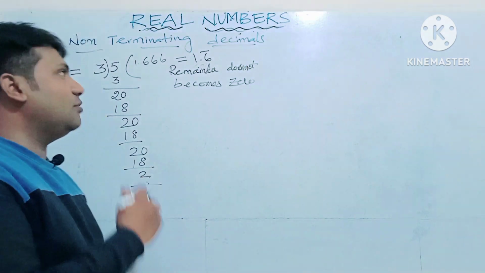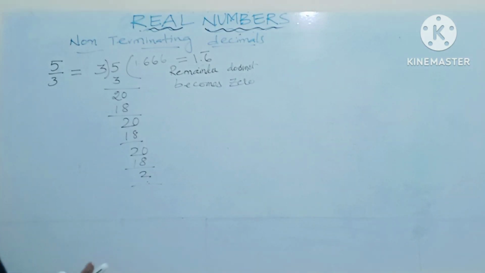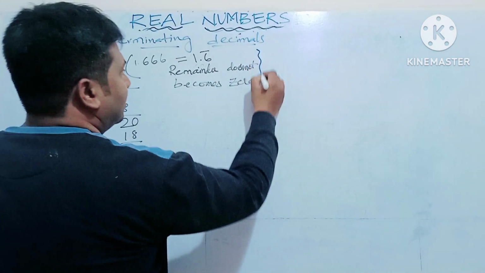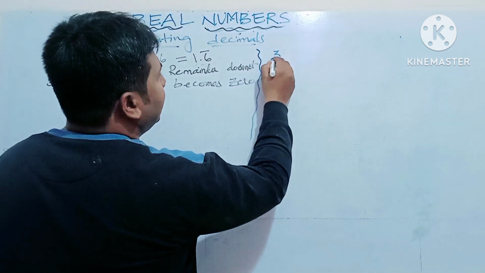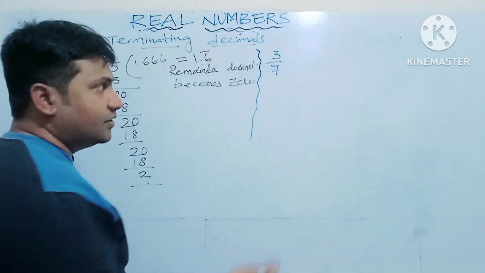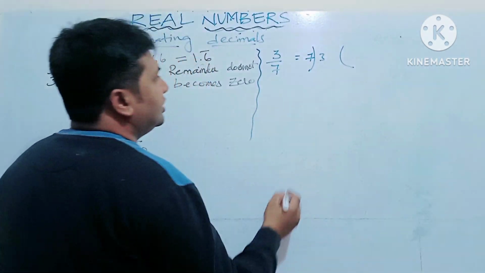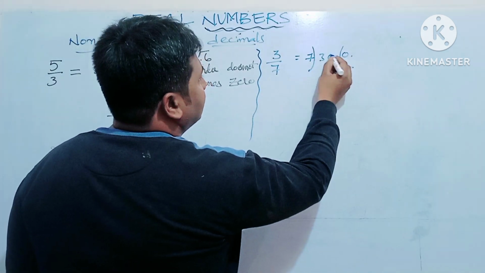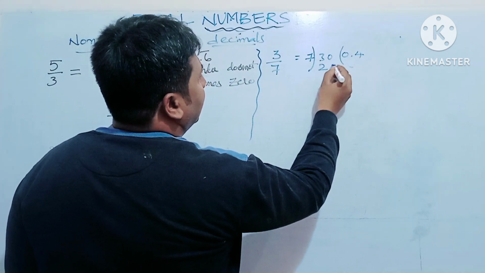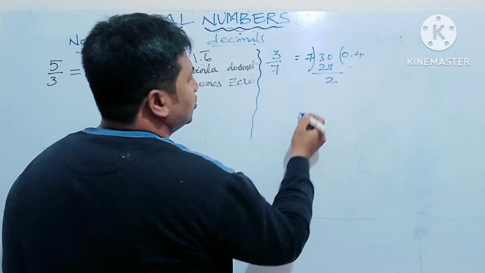Got it? Let's take one more example, 3 by 7. Let us try 3 by 7. So it is 7 divided by 3. So 7 4s are 28. The remainder is 2.